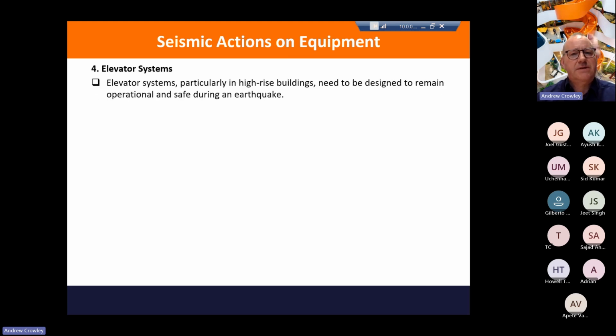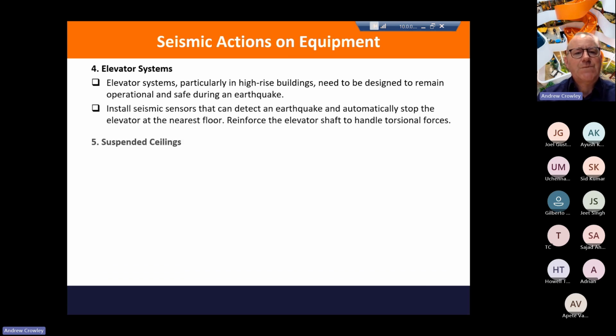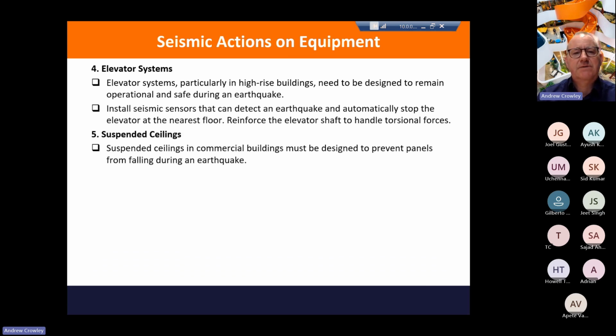Elevator systems, yep, they could be subject to accidental eccentricity. Suspended ceilings, now this is one the council gets quite excited about. So suspended ceilings will nearly always be designed as parts, and normally, certainly for most commercial buildings, the ceiling is relatively light and the seismic load arising from the suspended ceiling is relatively small, but it still needs to be restrained, and we don't want it to fail in an earthquake.